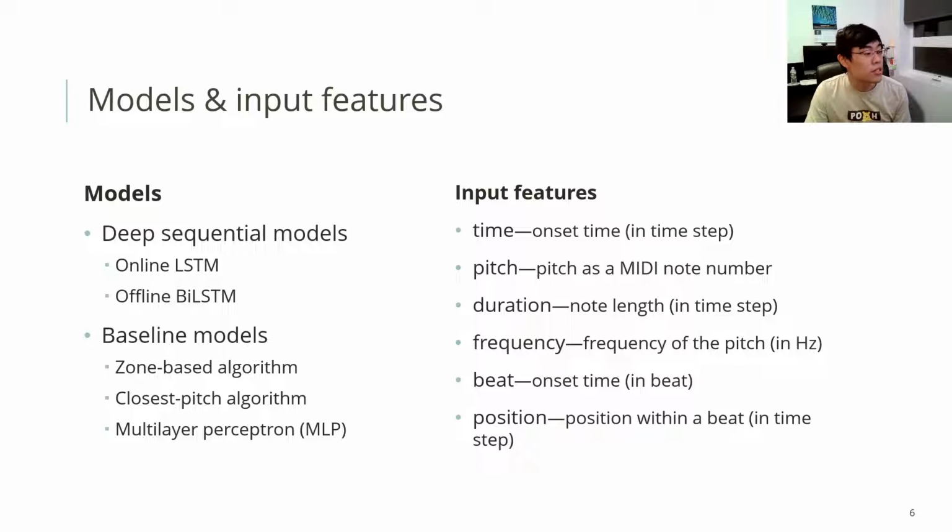We also consider 3 baseline models, which are a zone-based algorithm, a closest pitch algorithm, and also a multi-layer perceptron from previous work. Here are the input features. Basically we have time, pitch, and duration for each note, and we also have the frequency of that particular pitch, and the timing information of beat and position.